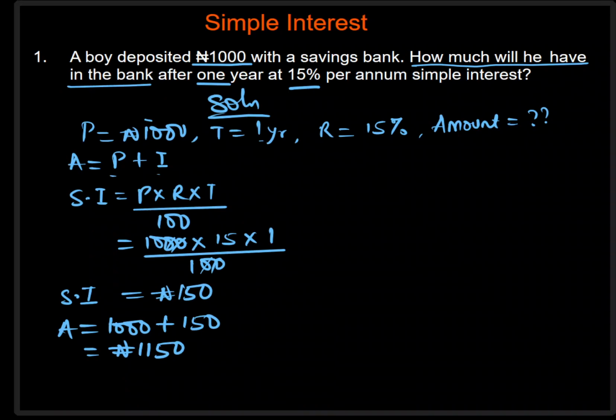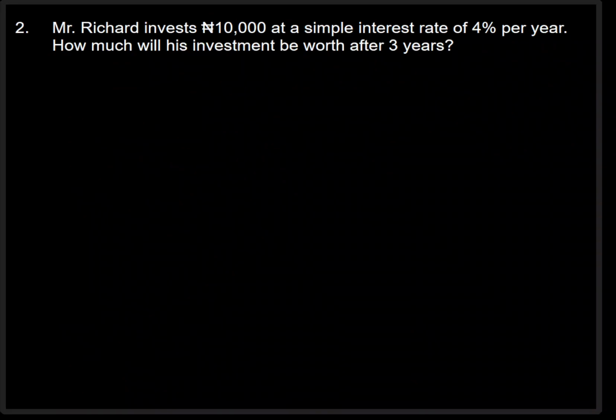If you invest money in the bank, what you'll be having in the bank after the said time will be both the principal and the interest, the total money you'll be having in the bank. All right, so that's amount. Let's proceed to the next question.